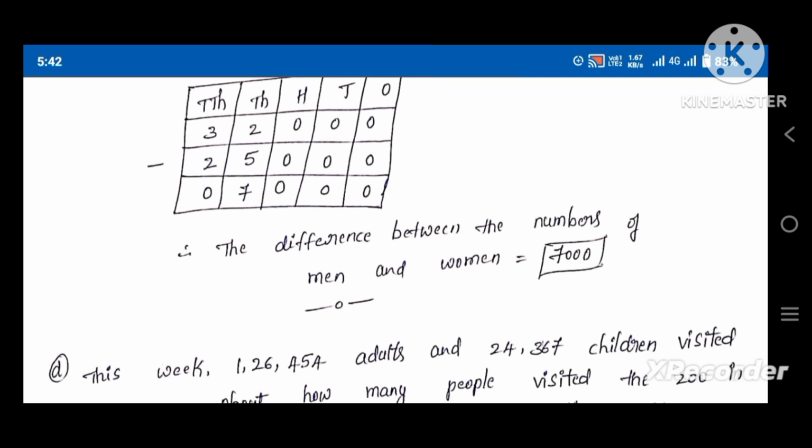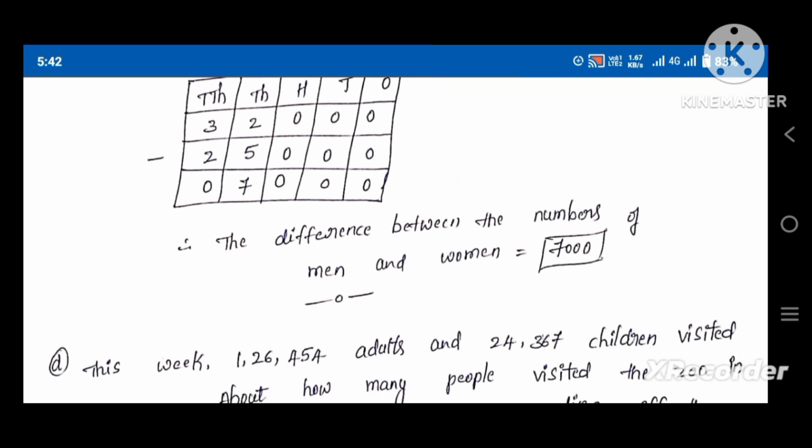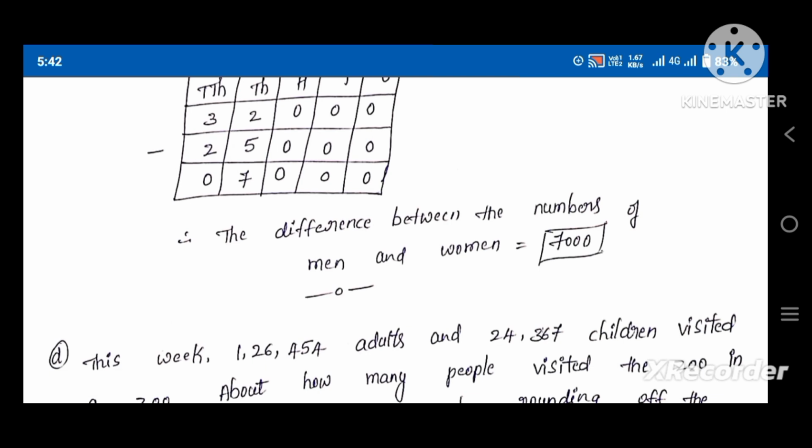Therefore, the difference between the numbers of men and women is equal to 7,000.